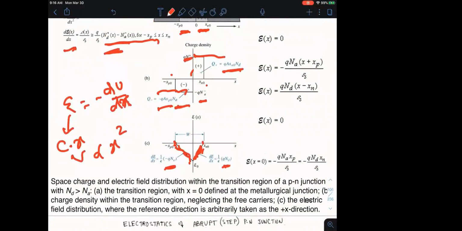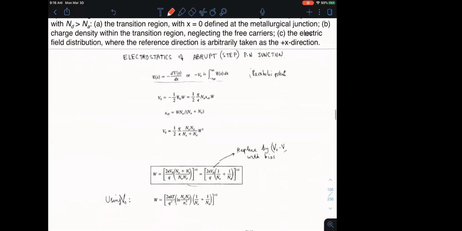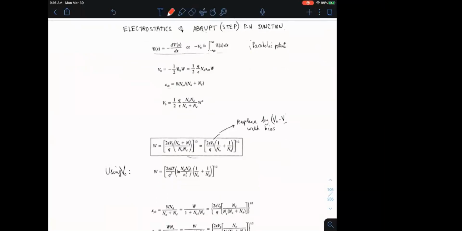So once I get this, you can integrate the electric field between minus x_p0 and x. And that, of course, in the simple case of linearly varying electric fields, is the area under the triangle. That's given by this expression over here.